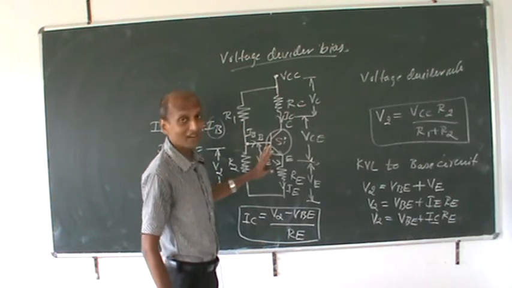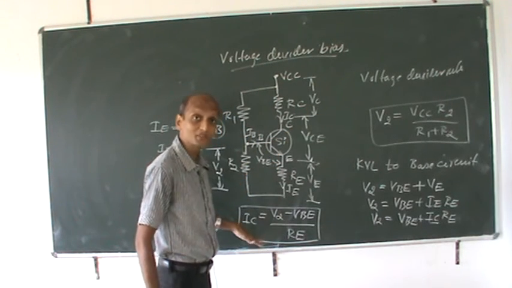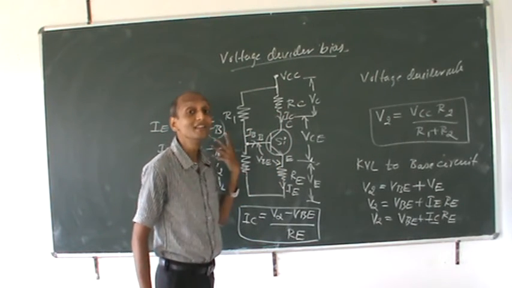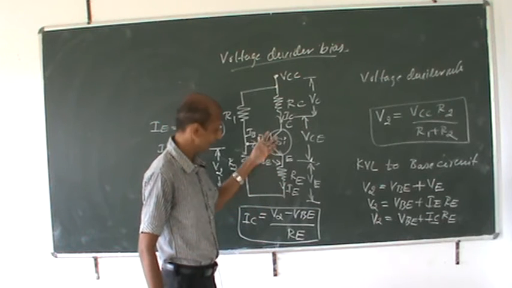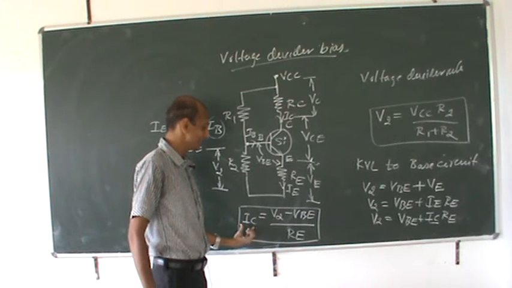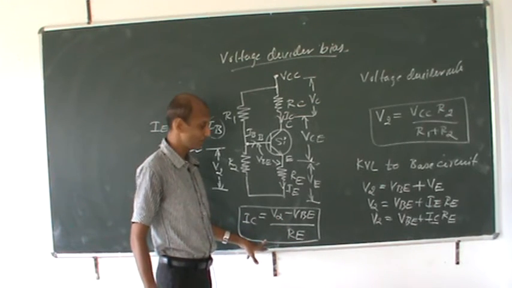Now I have biased the circuit using the voltage divider rule, and these are the formulas to find the expected current through your transistor, that is IC. So IC is equal to V2 minus VBE divided by RE. This is a very important formula.